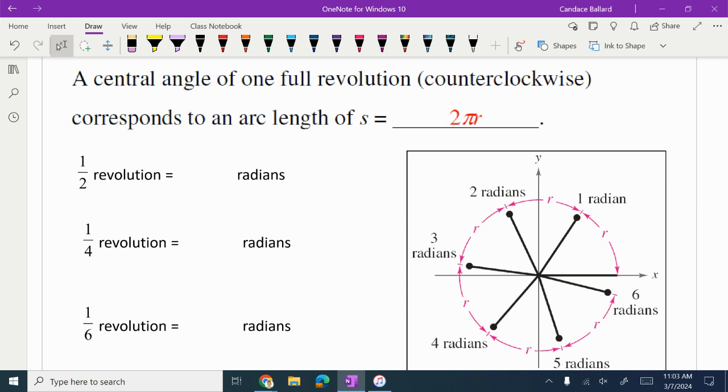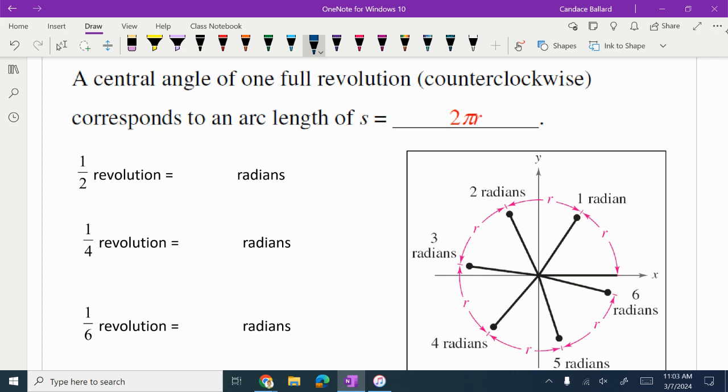So if we go all the way around, radians are measured in pi's. And it has to do with the circumference of our circle. We know the circumference of a circle is 2 pi times the radius. So that takes us 1 revolution around the circle.